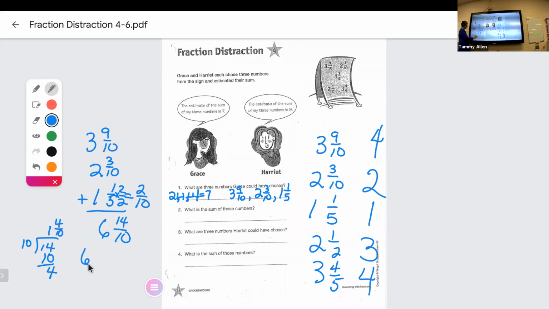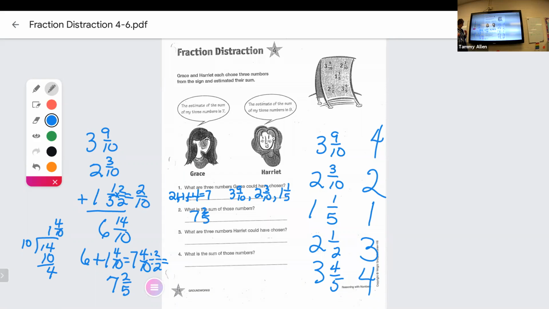So now we have 6 plus 1 4/10, which gives us 7 4/10. Is that in lowest terms? No. We can divide by 2 over 2, which gives us 7 2/5. Any questions on any part of that?